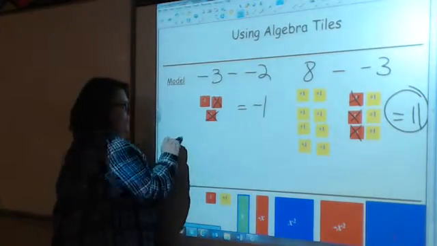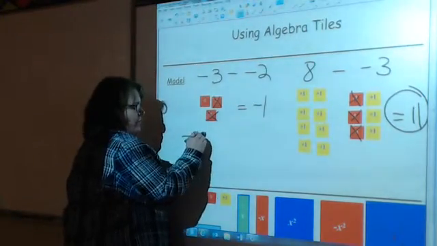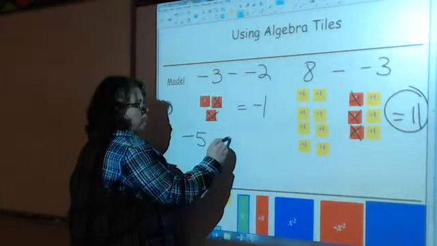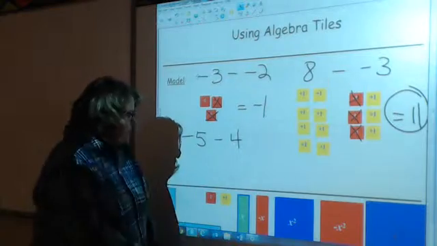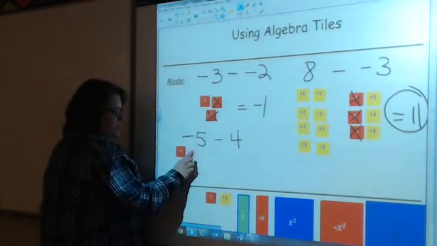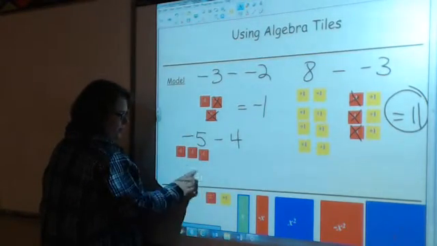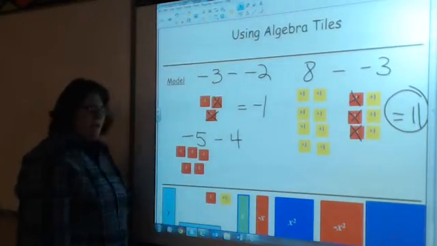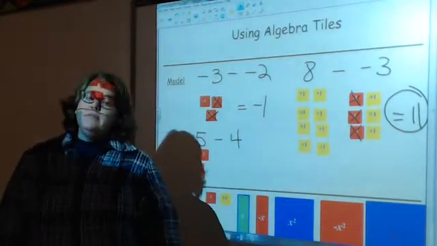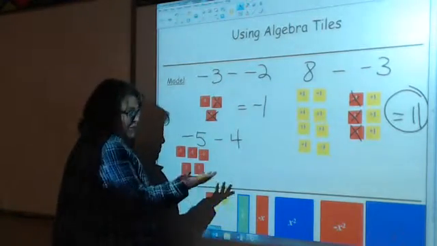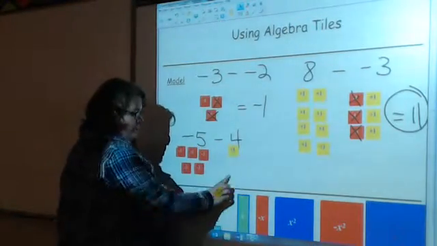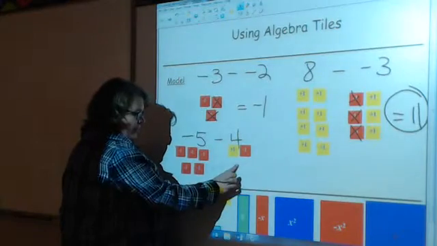What if I have a negative 5 minus 4? So now let's start with a negative 5, and I want to subtract 4 from that. I want to take away 4 from that. I have to first add my 0 pairs, right?